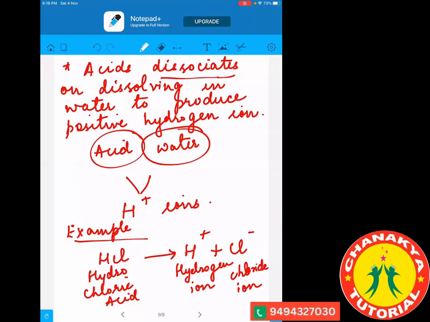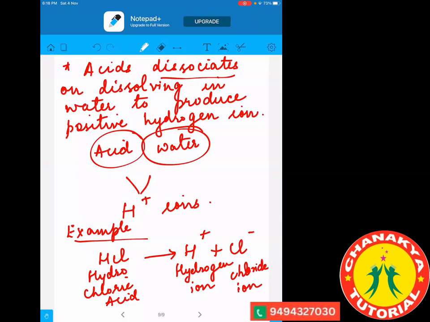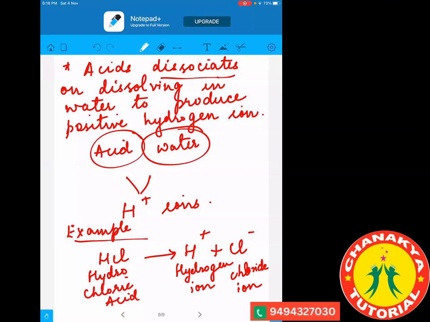Yes, ma'am. Ma'am, but you said that it will be dilute hydrochloric acid then? Yes, if that is dilute hydrochloric acid also, then we are not bothering about it because everything is there in the container only.